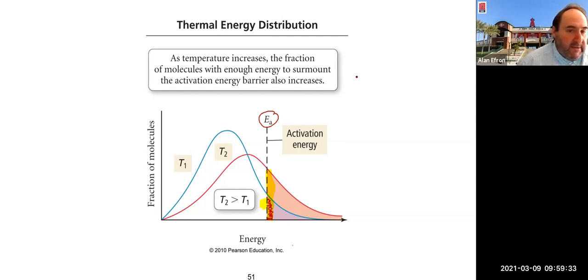We saw the Arrhenius equation, and one version of it basically relates temperature to the rate and also to activation energy. We saw the graphing version of it, which I believe is on the next page, this one right here.